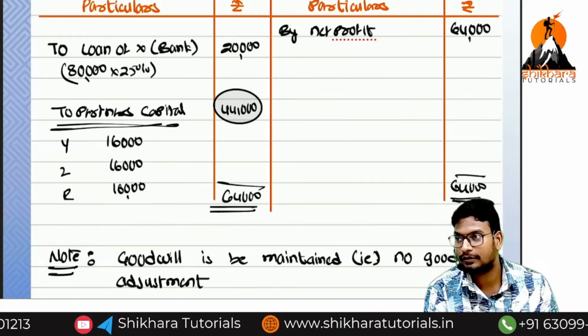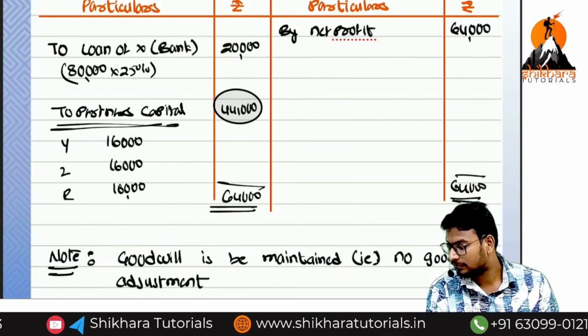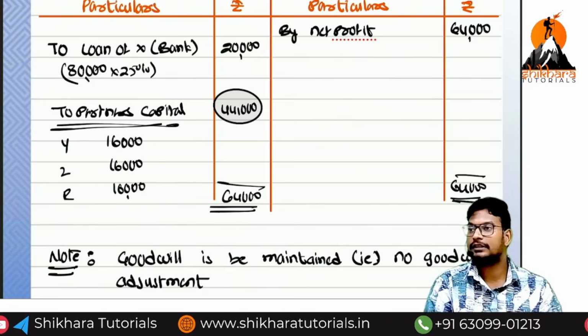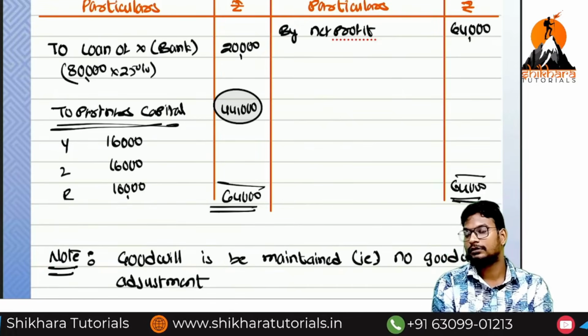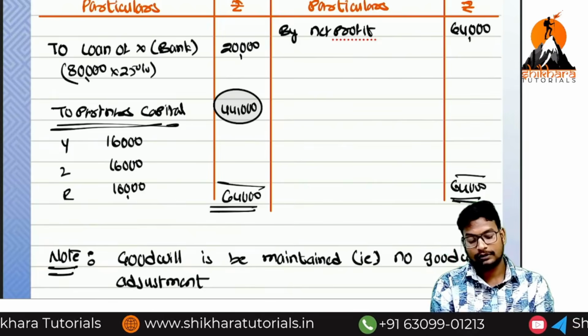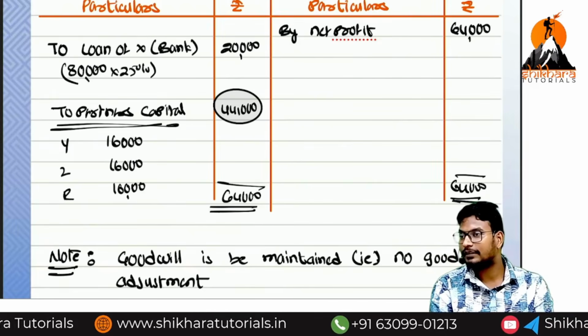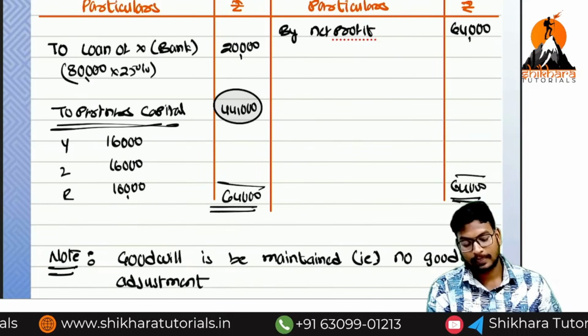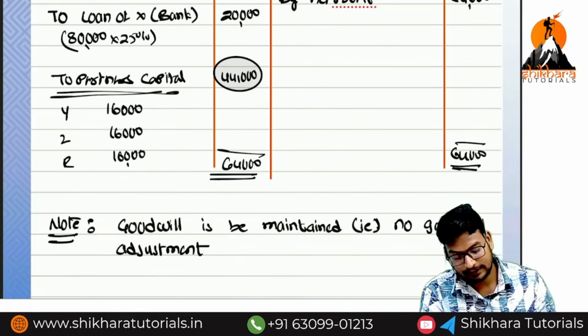Why did you say 16,000? 44,000 divided by 3. Let me use the calculator.